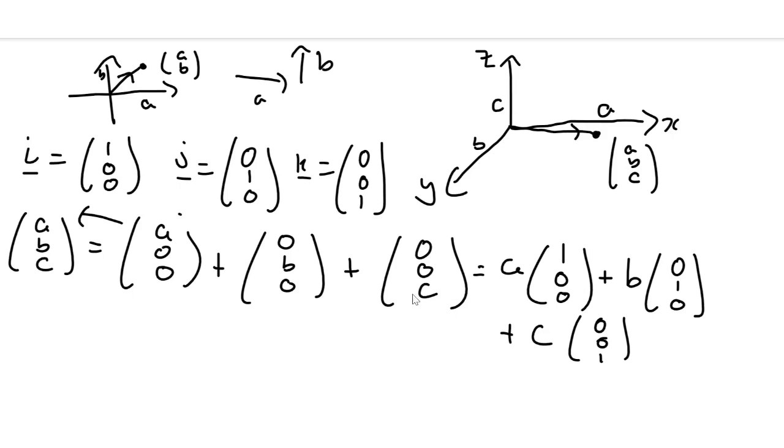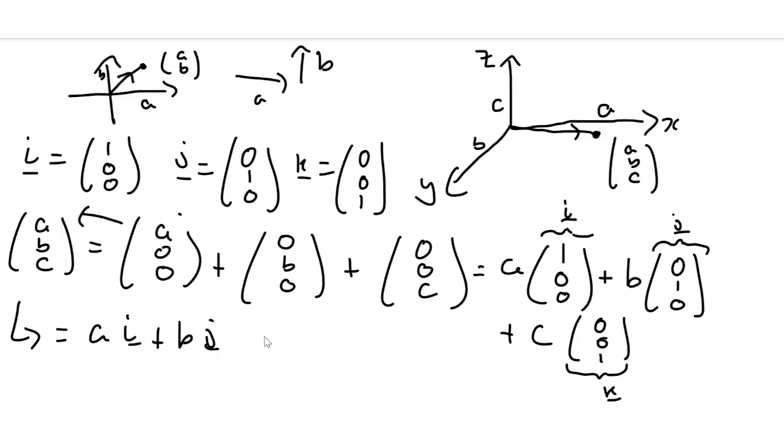And of course this is i, this is j, and this is k. So this vector (A, B, C) is equal to A multiplied by i plus B multiplied by j plus C multiplied by k. Alright, so that's another form that you might be given in the exam.